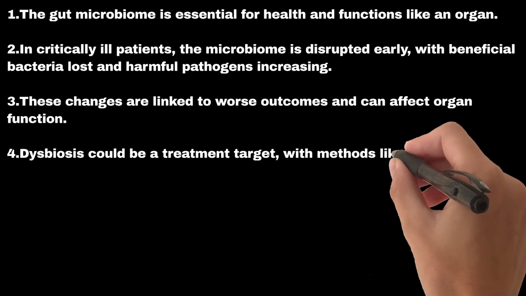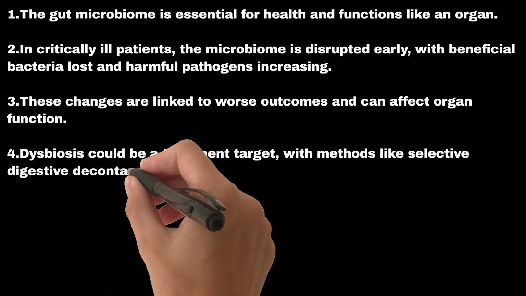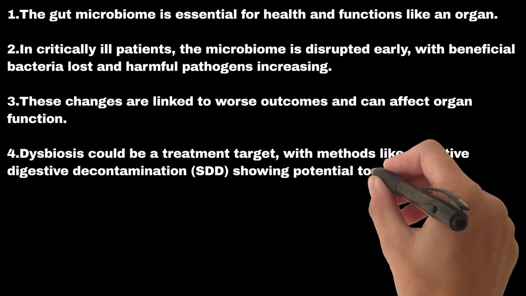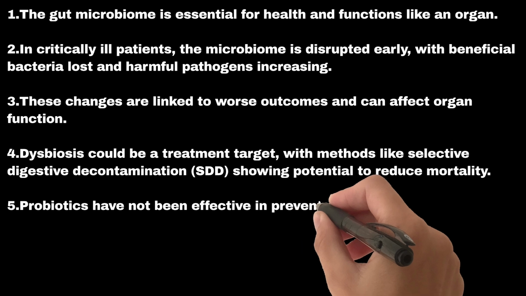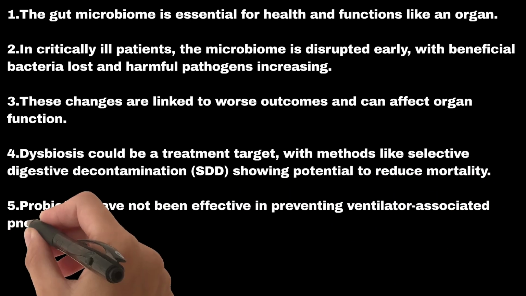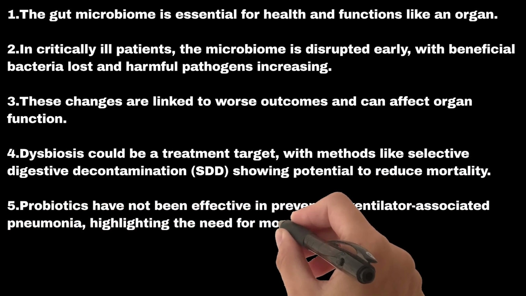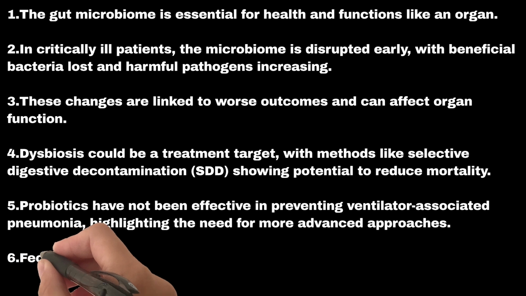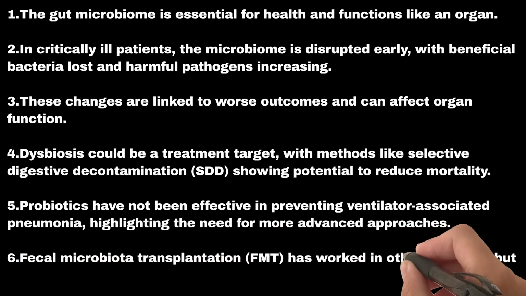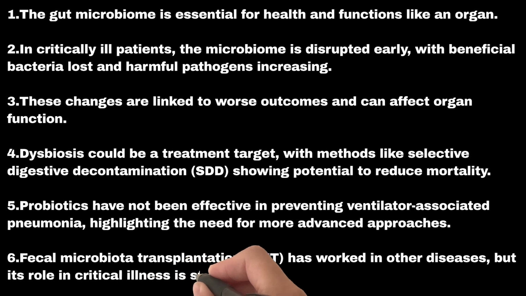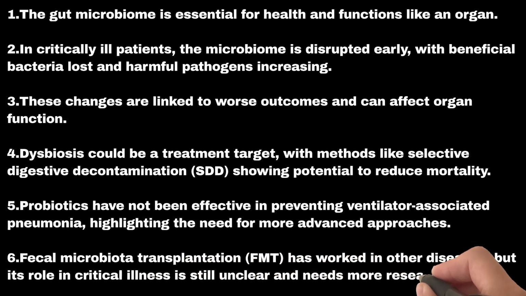Dysbiosis could be a treatment target, with methods like selective digestive decontamination, SDD, showing potential to reduce mortality. Probiotics have not been effective in preventing ventilator-associated pneumonia, highlighting the need for more advanced approaches. Fecal microbiota transplantation has worked in other diseases, but its role in critical illness is still unclear and needs more research.